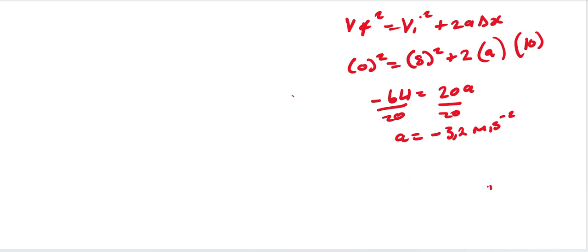When a car is moving in this direction and the driver starts to apply a brake, if the car was moving with an acceleration of maybe 4 meters per second squared, then when the driver applies a brake, the acceleration is no longer going that way.